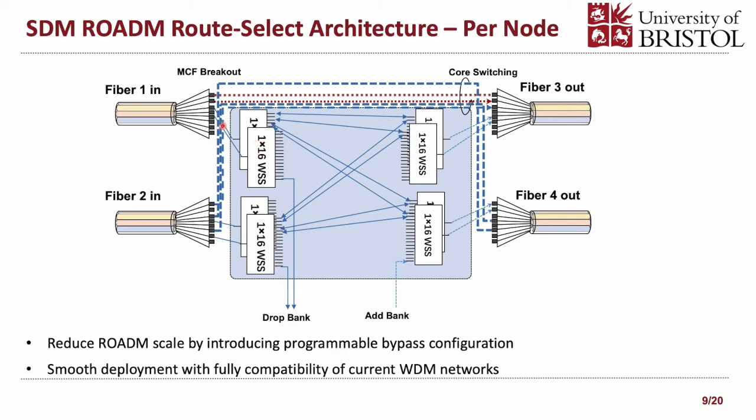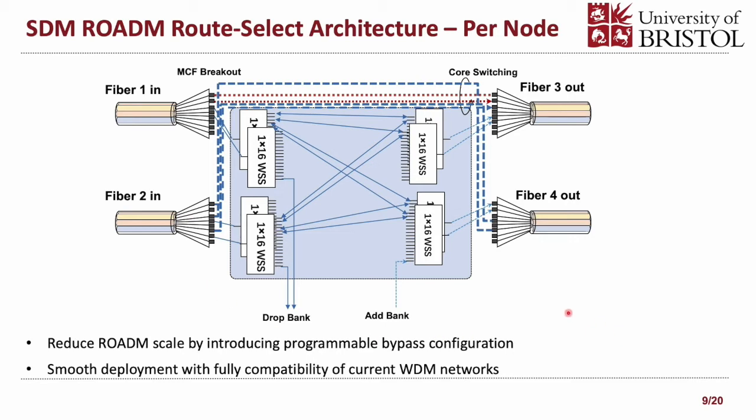With more cores allocated to bypass mode, we can reduce the ROADM scale by introducing programmable bypass configuration. Because all these links can be reconfigured, we provide a smooth deployment with full compatibility with current WDM networks, and the current single mode fiber link can be treated the same as a core, so we can provide this flexibility.